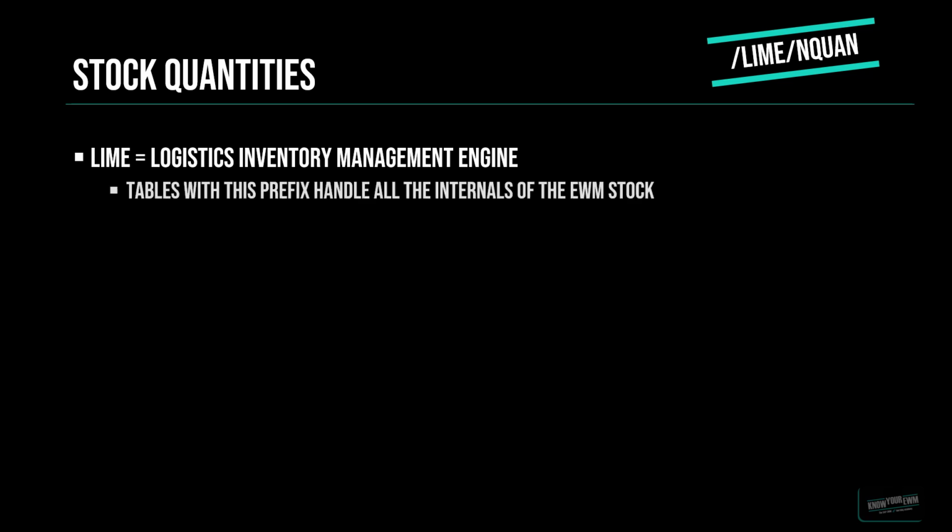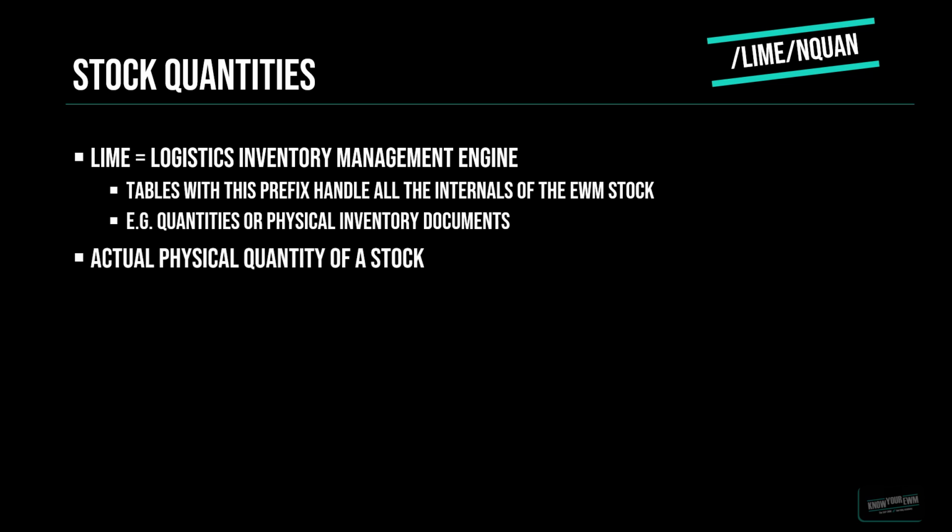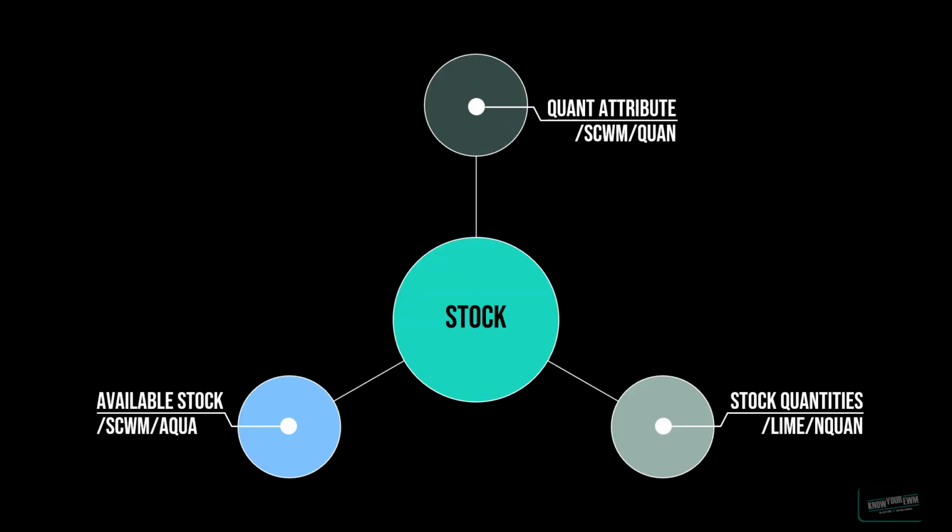Tables starting with this prefix handle all the internals of the EWM stock, like for example the quantities or physical inventory documents. The most important information for us right now is that our table holds the actual physical quantity of the stock. I know it might be pretty hard to understand this kind of concept, but when you work with the EWM, it will become more familiar to you.